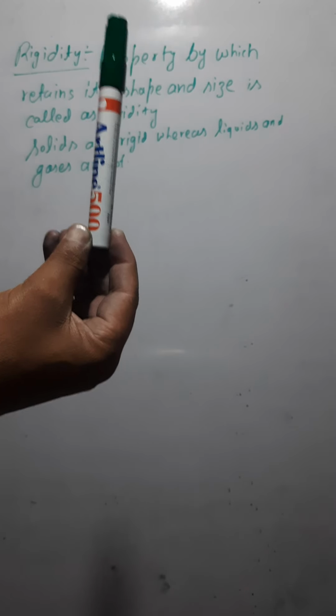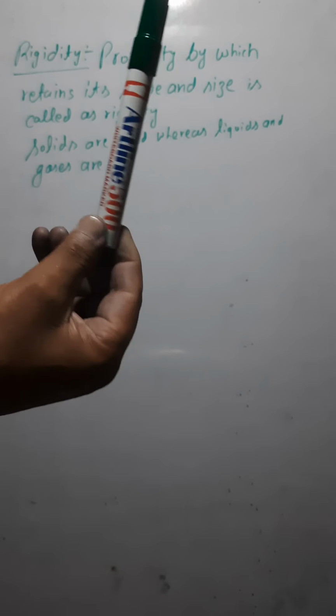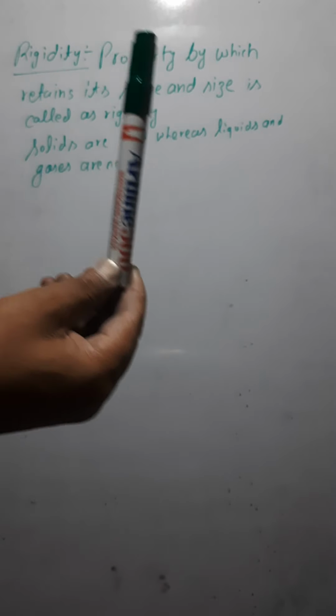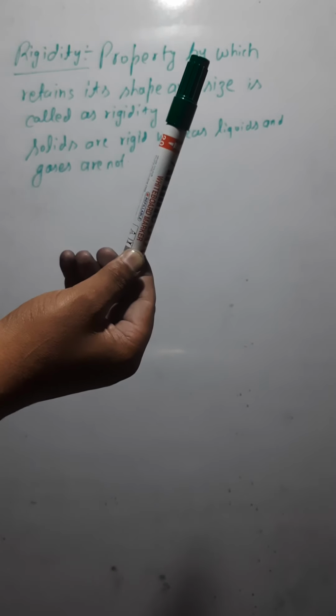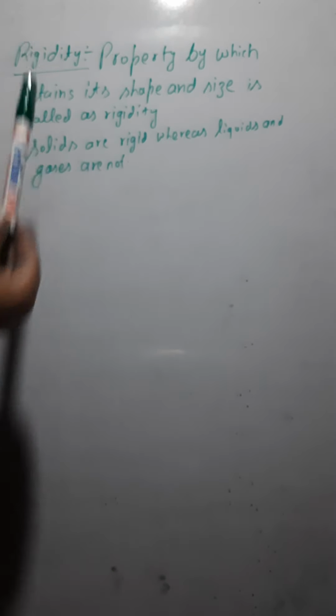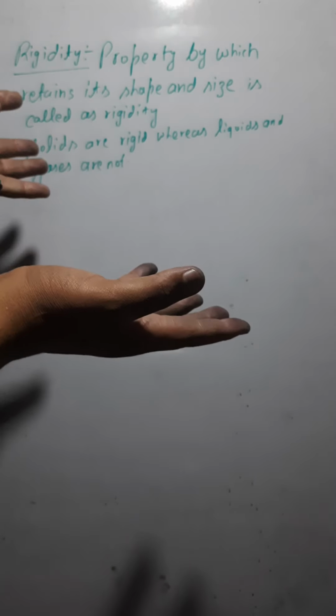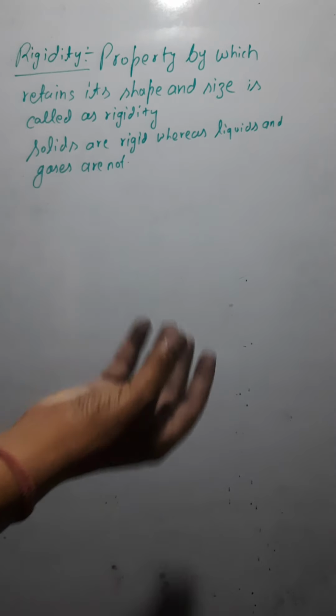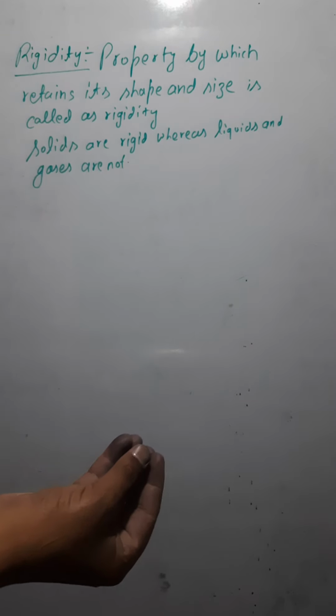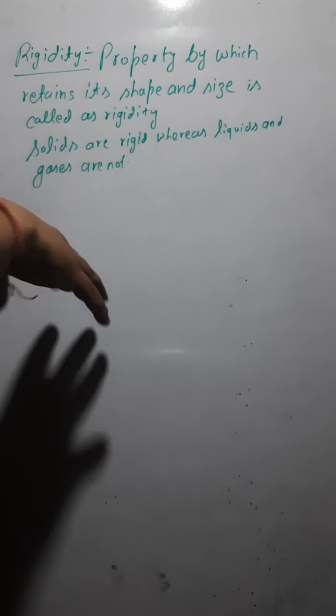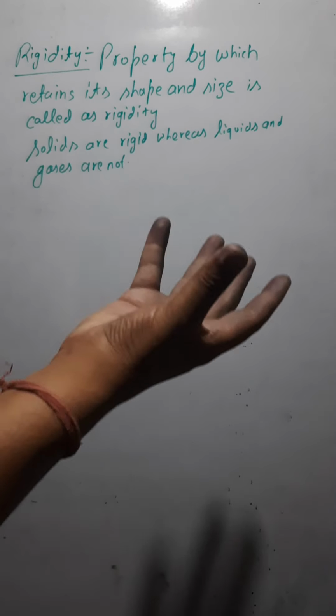So solids have the property to retain their shape and size. This property is known as rigidity. Whereas this property is not there in the case of liquids. If you have one glass of liquid and you pour this liquid into a bowl, it would change its shape.